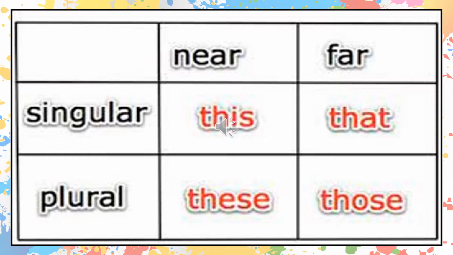For plural near to us we use these. For plural far away from us we use the word those. For singular and plural near we use this and these, and for far away we use that for singular and those for plural. Always remember this while using these words.